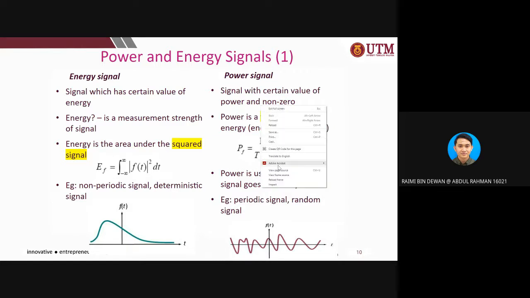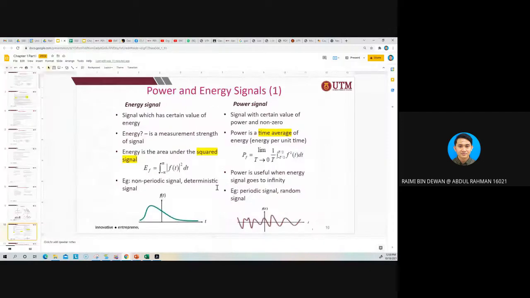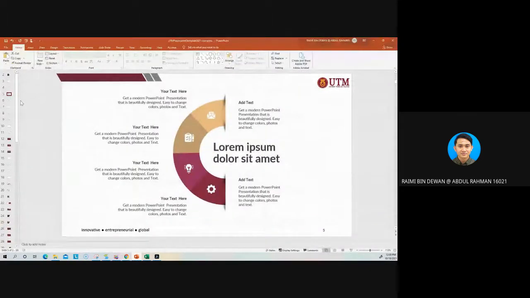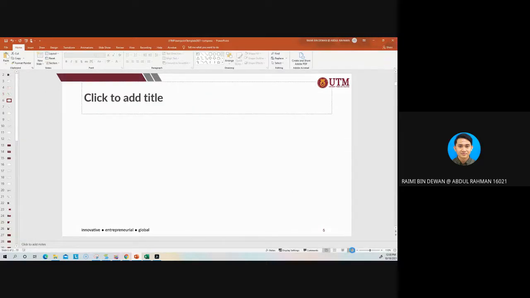Do you guys know why we use the squared signal? Why must we square the signal? Naturally, for example, you have a signal that can be positive and negative.